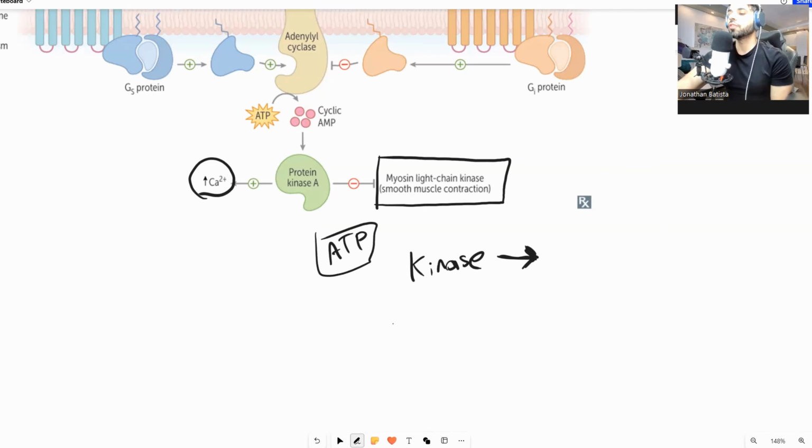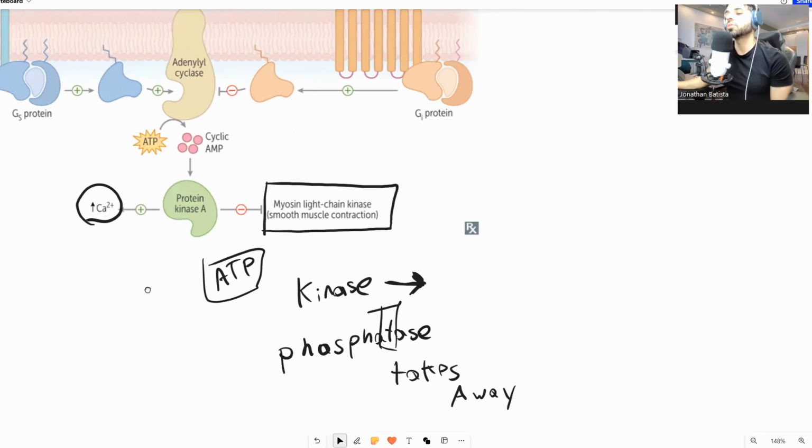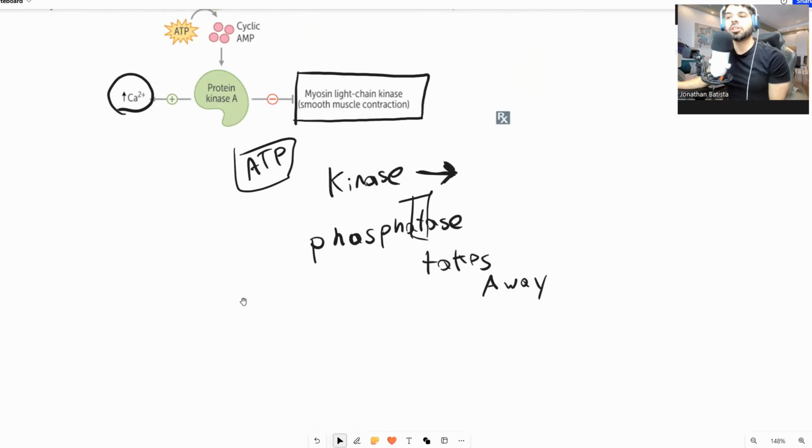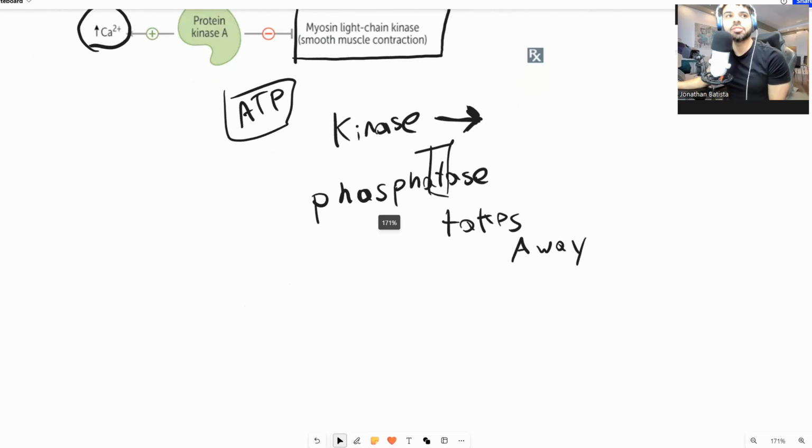Then, of course, there's something called phosphatase. Phosphatase has a T, it takes away a phosphate. So I'm just going to explain it to you like this, just to understand exactly why it has an inhibitory signal, yet we're talking about stronger contraction. All right, so this is what First Aid is not telling you.